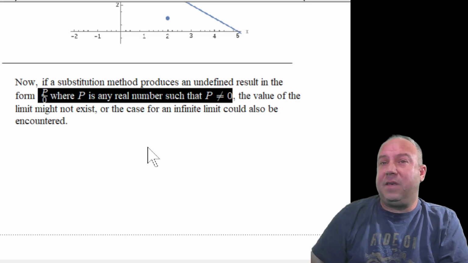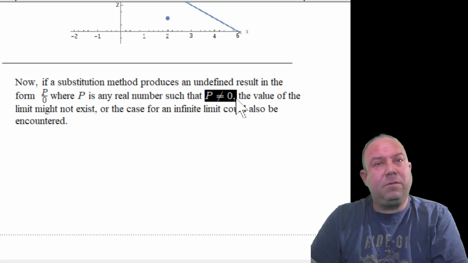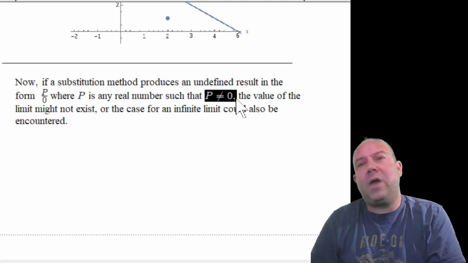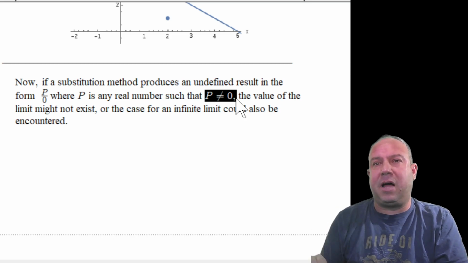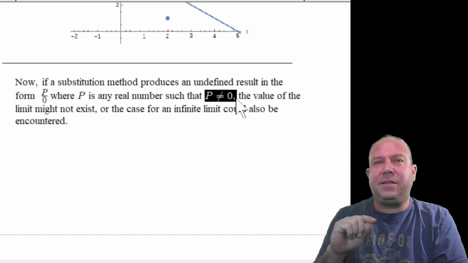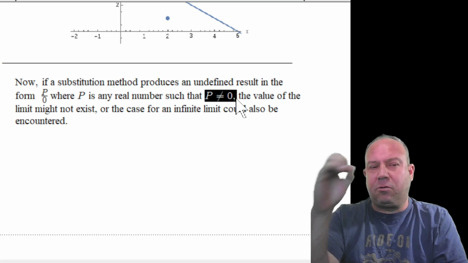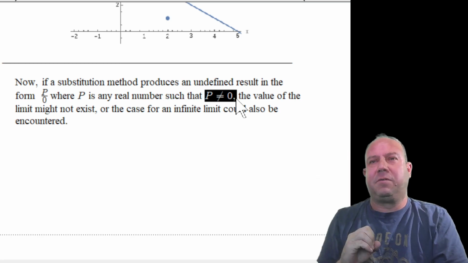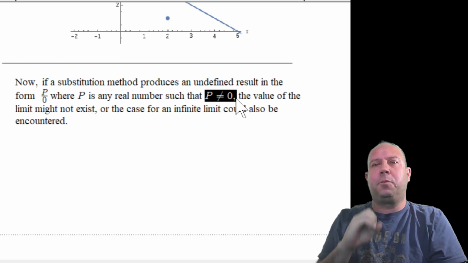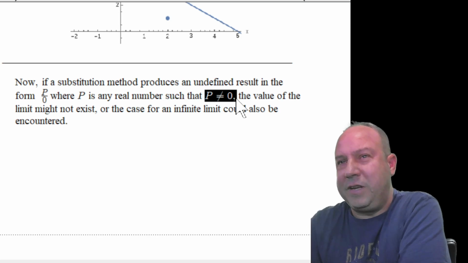Otherwise, if the numerator is 0, you have what's called an indeterminate form, which is exactly what the name implies. You cannot determine the value of 0 over 0 from the form 0 over 0. We'll talk more about that in future videos.